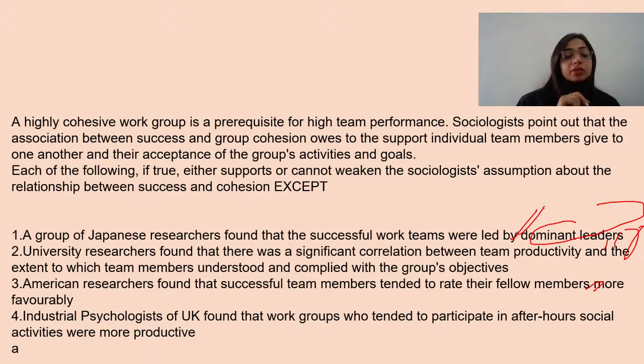So university researchers are saying there was a significant relation between team productivity and the extent to which they understood. This is the same as what is being stated, so this cannot contradict the argument. That is why 2 is not the right choice.